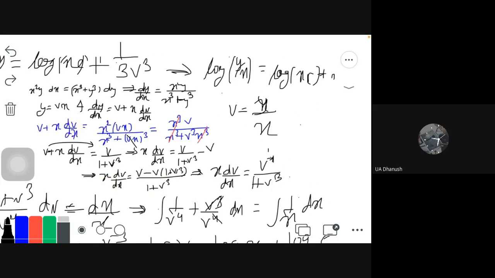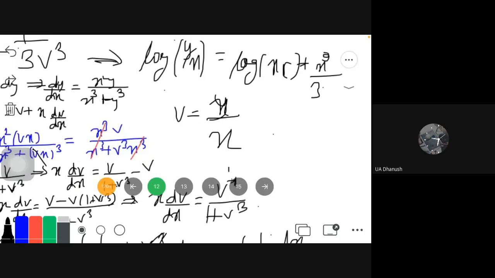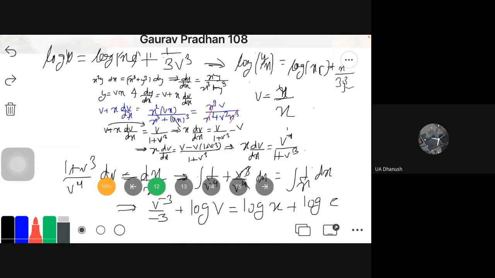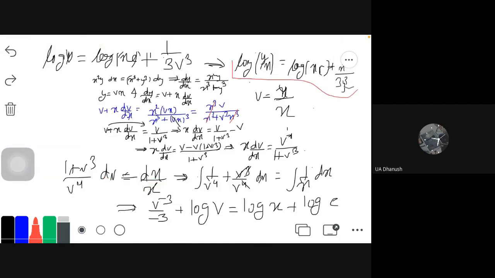So that will become x cube by 3y cube. So this is the required solution to the given differential equation. Log of y by x is equal to log of x into c plus x cube by 3y cube.